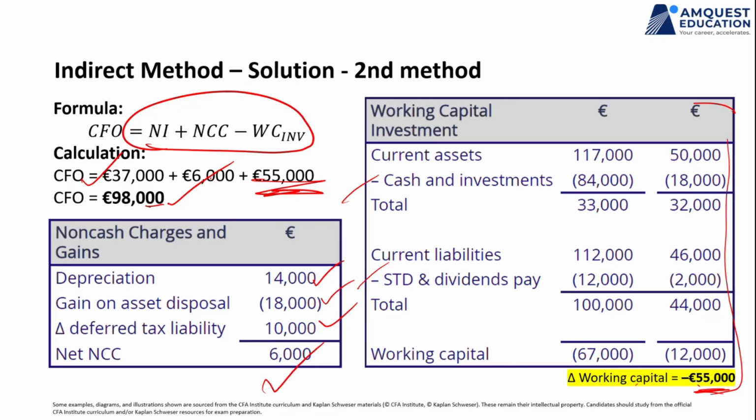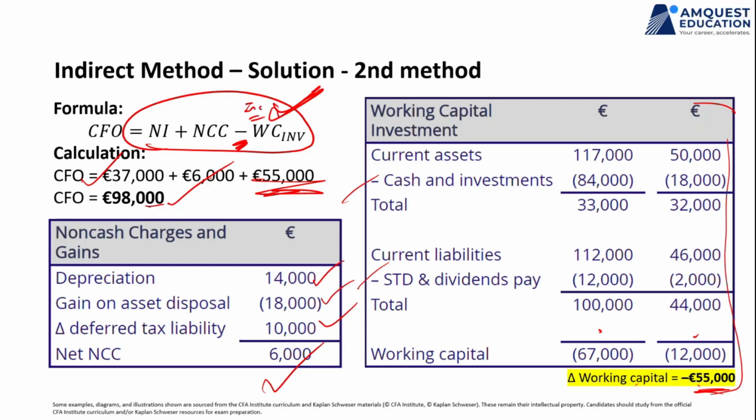So in short, you can conclude the cash flow from operation if you have the working capital investment. Now remember, this is working capital investment, which means how much increase in working capital. This is increase, which is why we are subtracting. If working capital increases, cash goes down. So we are subtracting increase in working capital. But if you look at it, your working capital from 12,000 has gone to 67,000 negative, which means your working capital has actually decreased.